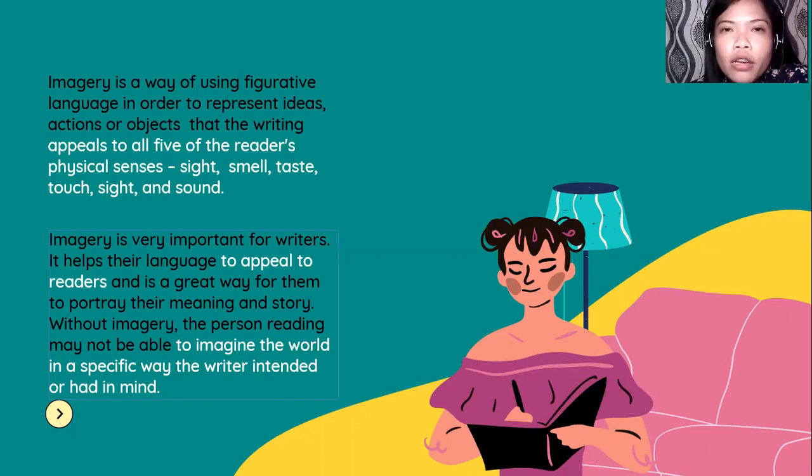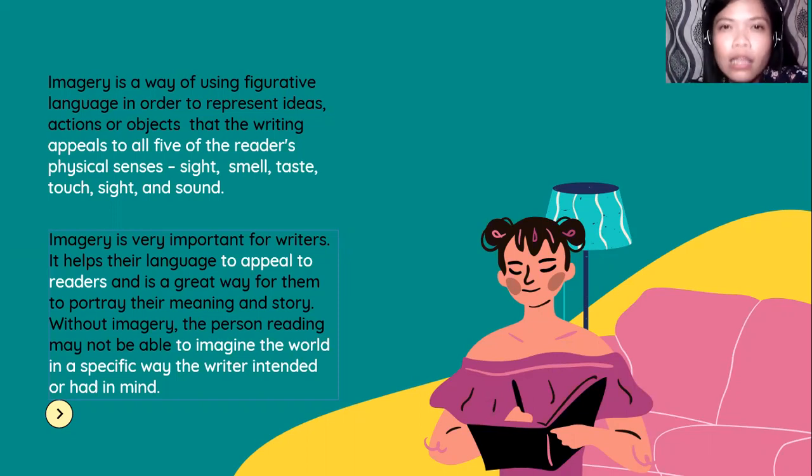So let's go here. Imagery, on the second paragraph, is very important for writers. Why? Because it helps their language appeal to readers. What does it mean to appeal to readers? It means that when you are reading the author's writing, you are also seeing what is within the imagination of the author when he is writing, whether it's a novel or short stories.